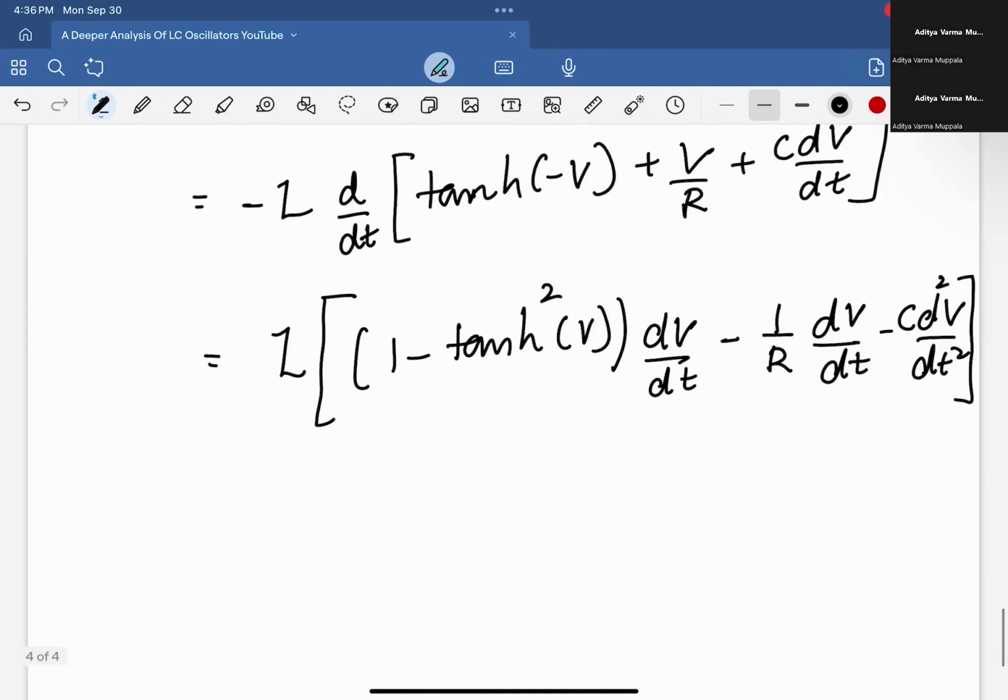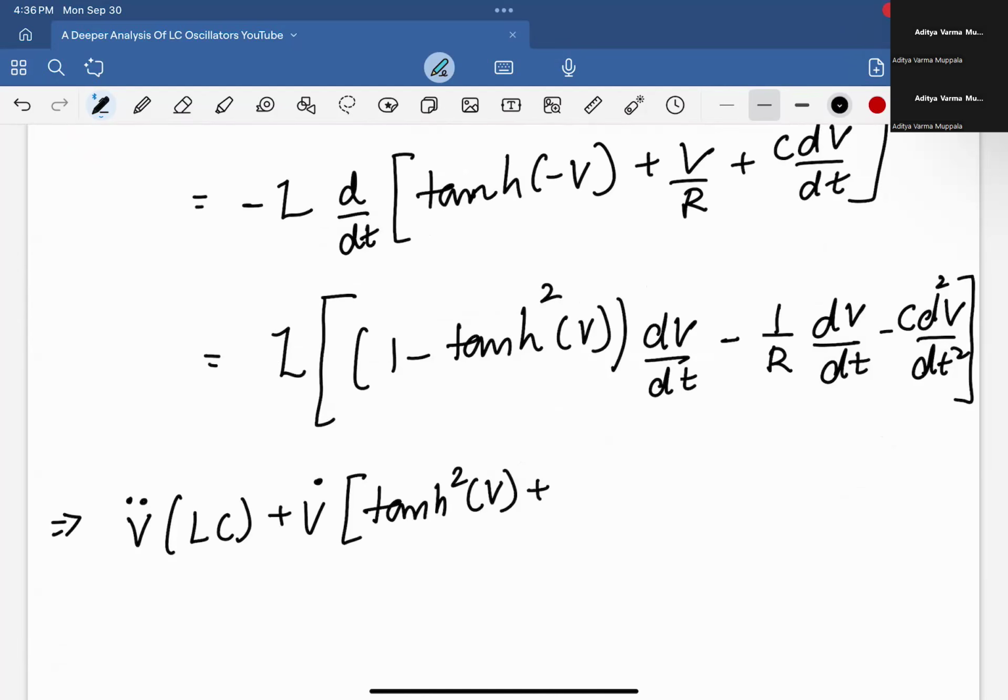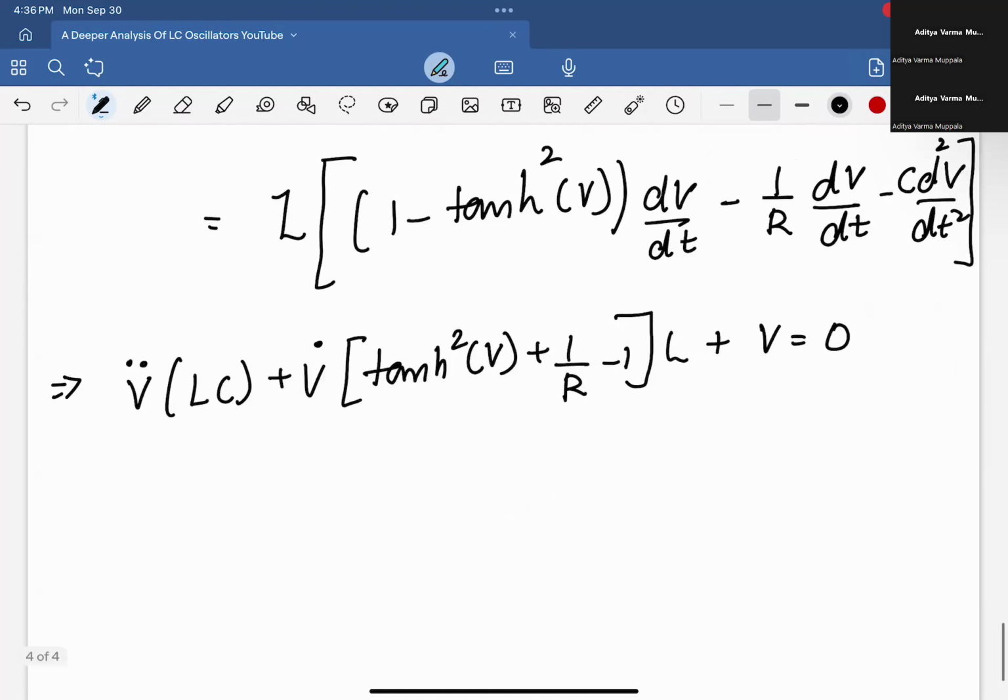Okay. And I can rewrite this as V double dot, which is the second derivative with respect to time, LC plus V dot times (tanh squared of V plus 1 over R minus 1) times L plus V equal to 0. Okay, so this is our nonlinear differential equation now, right?